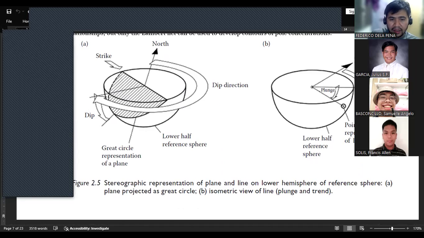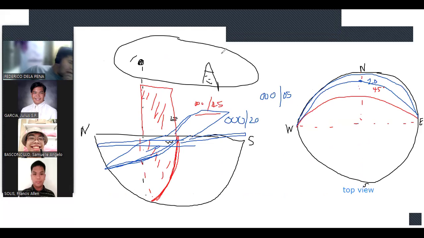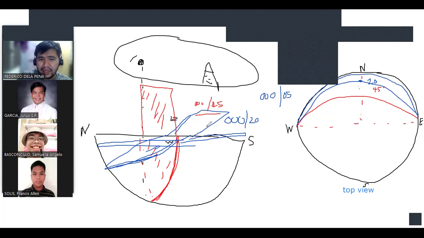All right, now let's go back to the whiteboard. Let's go back to the red discontinuity here, the 000, 45.